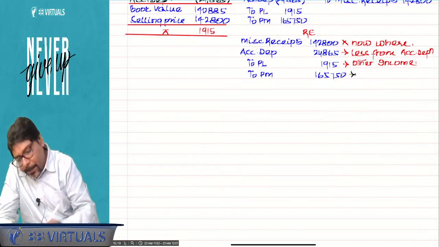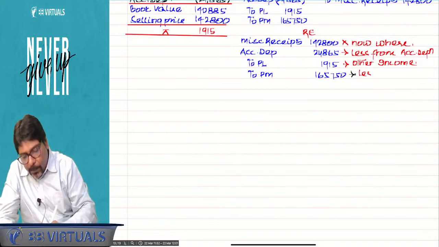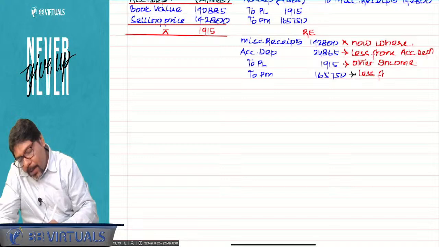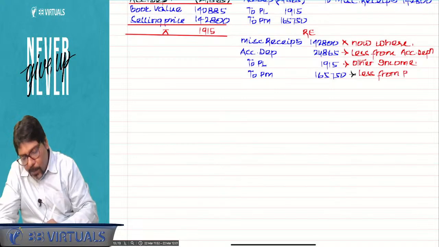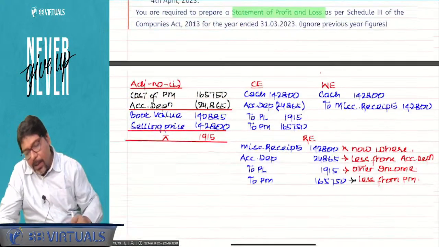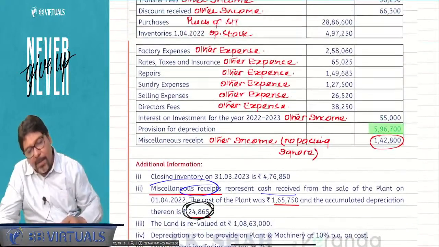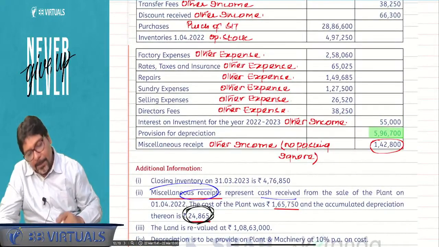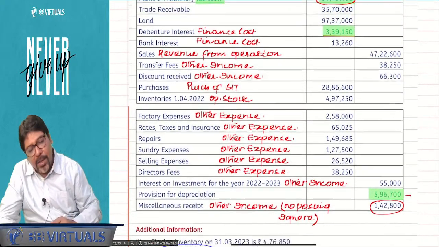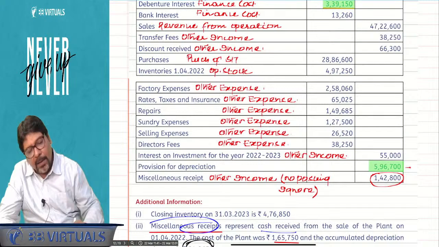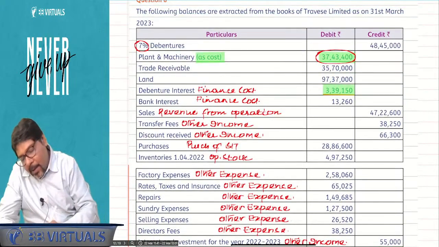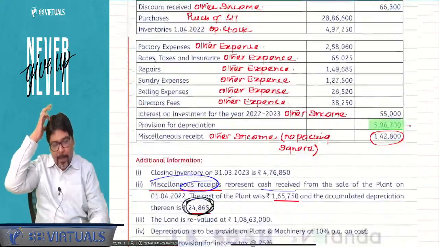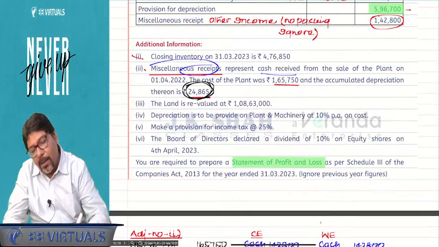So what will I do? Less from plant and machinery. So accumulated depreciation is less, plant and machinery is less. Correct?